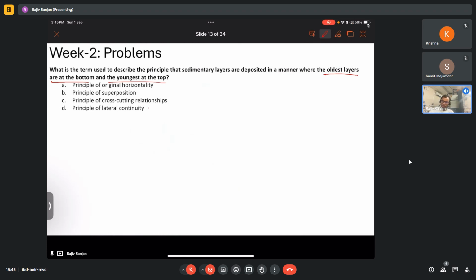So lateral continuity talks about the lateral variation. Suppose from here to here, there is a continuity. Unless there is some barrier, this bed will continue on both sides. So this talks about lateral continuity. So there is no oldest layer at the bottom and youngest at the top. So this is not it.